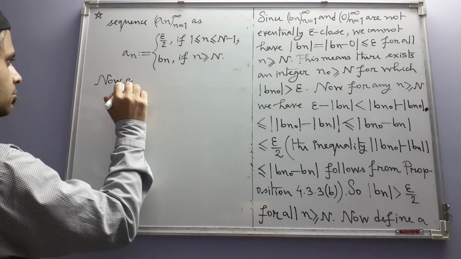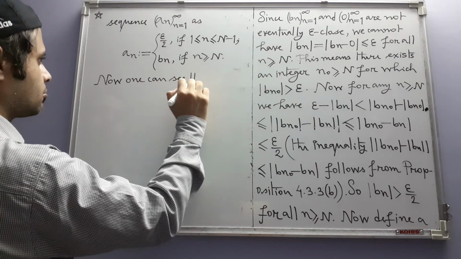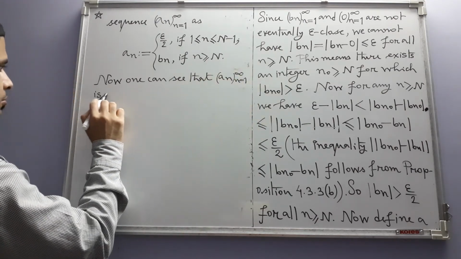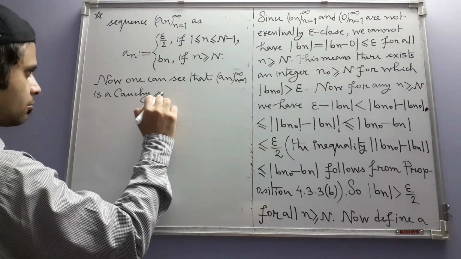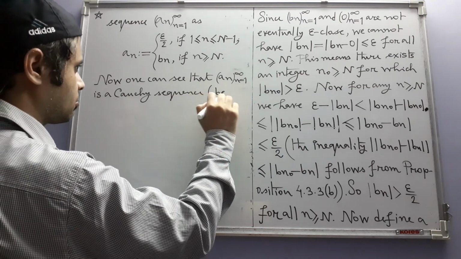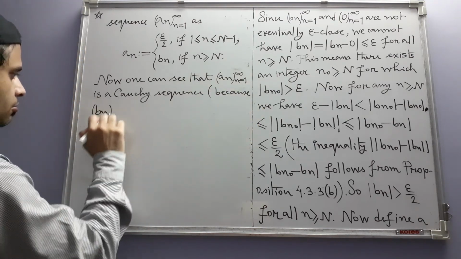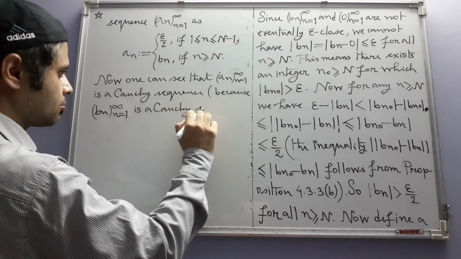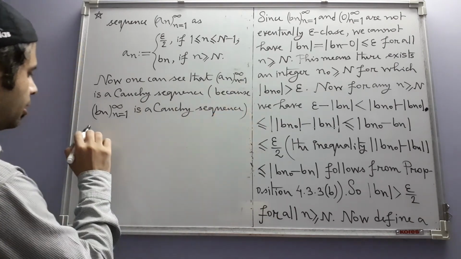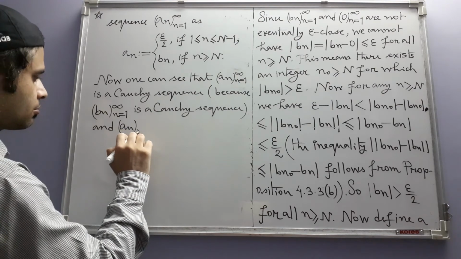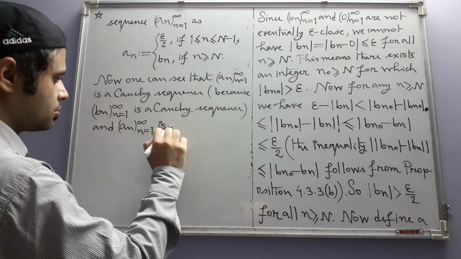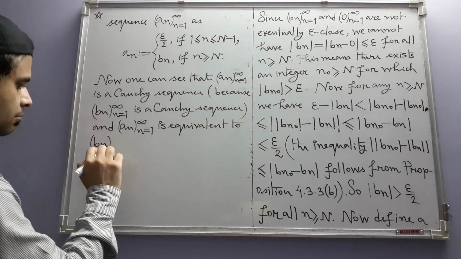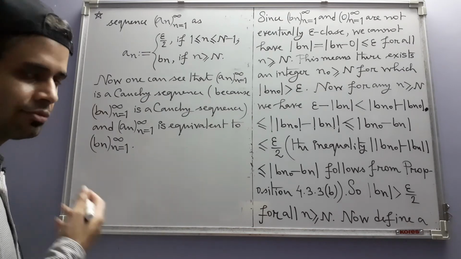Now, because bn is a Cauchy sequence, and an is equivalent to bn, what can we say?